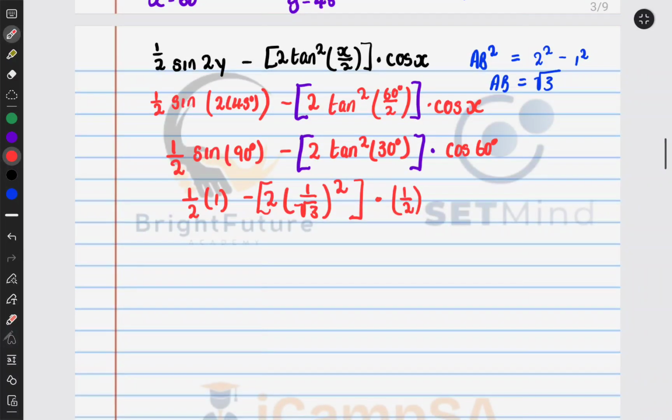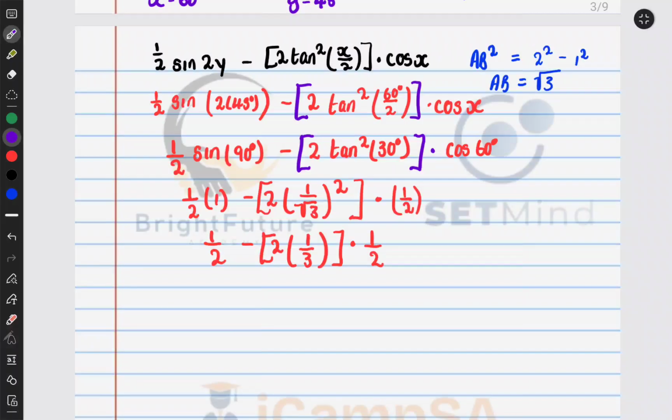Okay, let's work. 1 over 2 multiplied by 1, we're just going to have 1 over 2 minus 1 over root 3 squared. This is going to be 2 into 1 over 3, because root 3 squared is 3. Close brackets, multiplied by half.